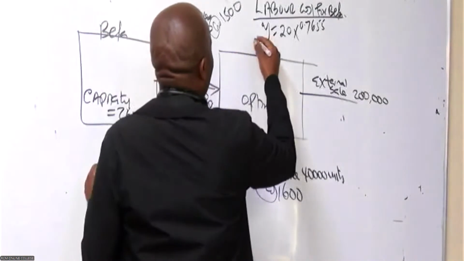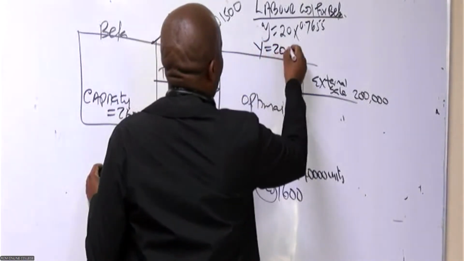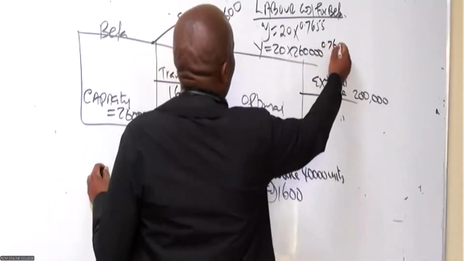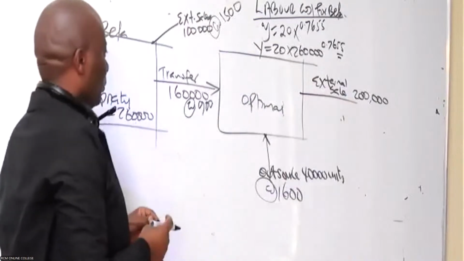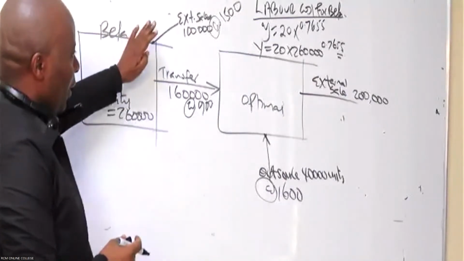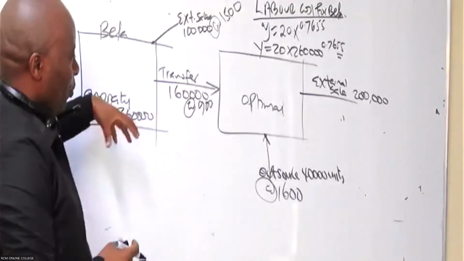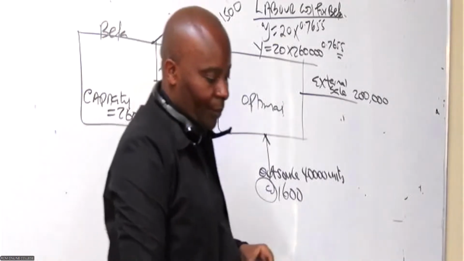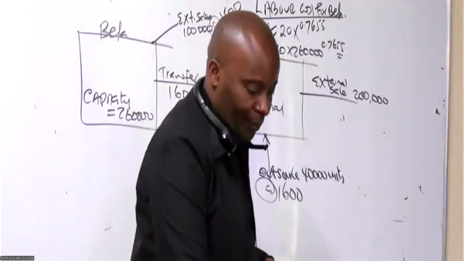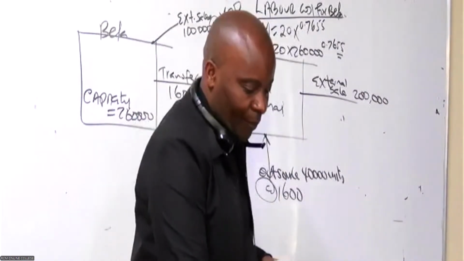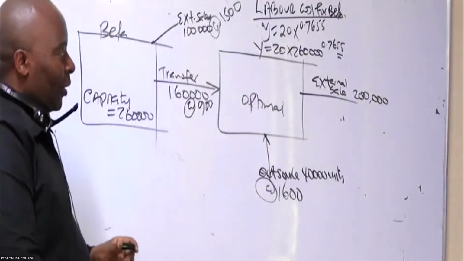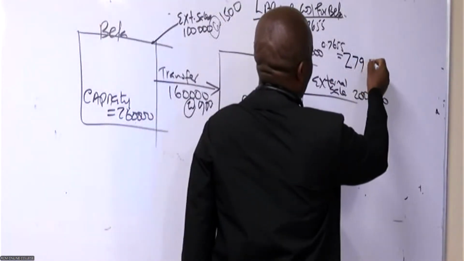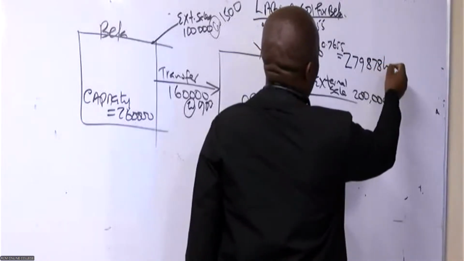So give me y for 260,000. Because you see, in total, whether you're transferring outside or internally, we have to make 260,000 units. 279, 378.